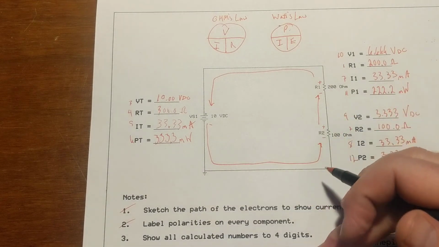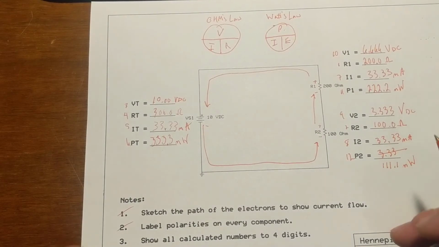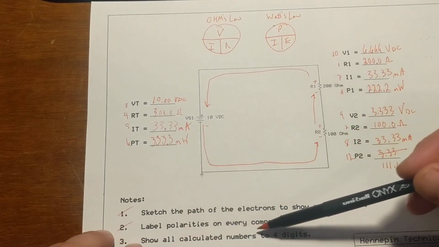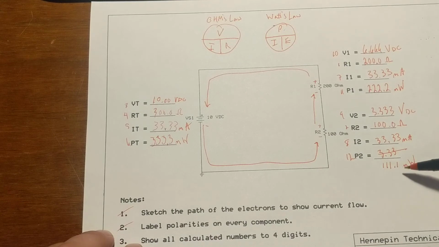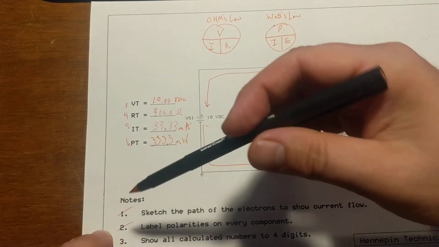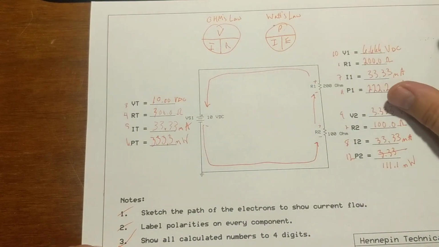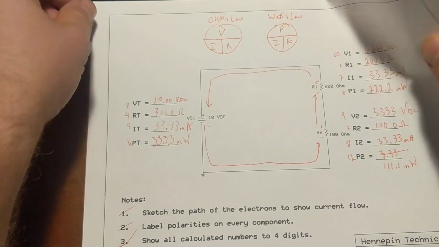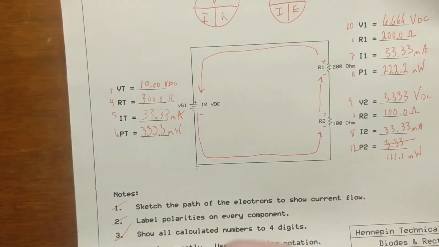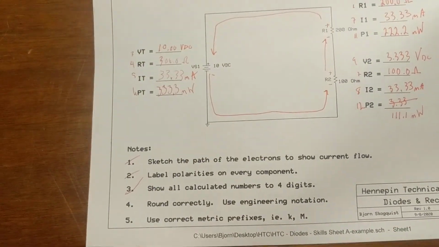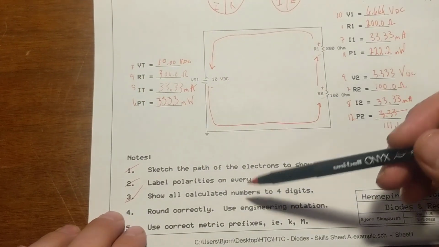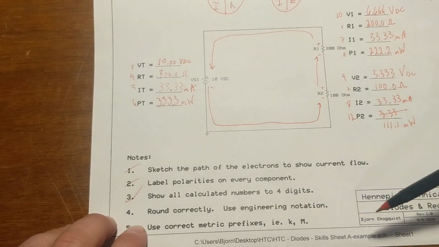Okay. Now, did I do everything that was asked of me? I calculated all numbers to 4 digits. I've got 4 digits, 4 digits, 4444, 4444. Did I round correctly? I think so.